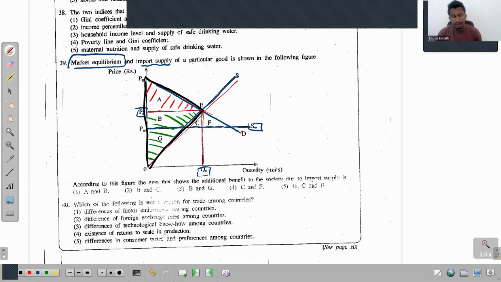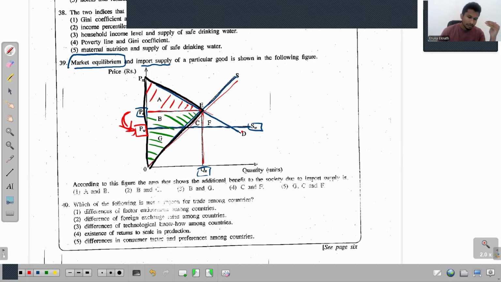But what happens later on when the economy imports this good, the price gets reduced to this PW level. That's the world price. So if the world price is this, even the consumers in this economy can purchase this good at this price after importing.